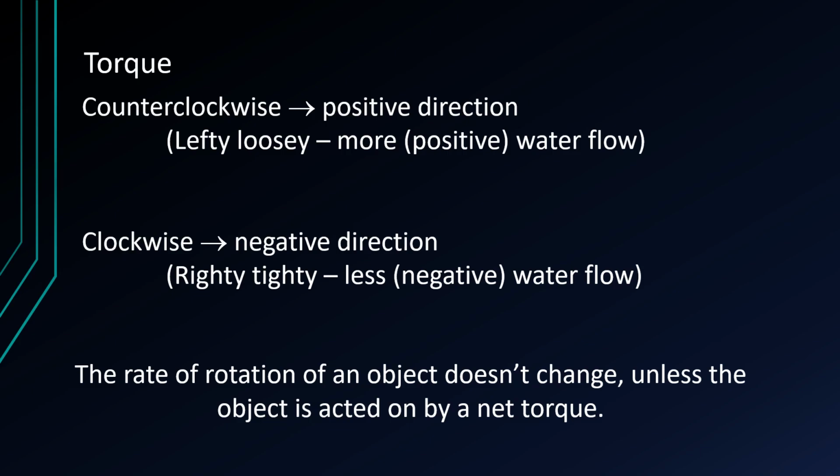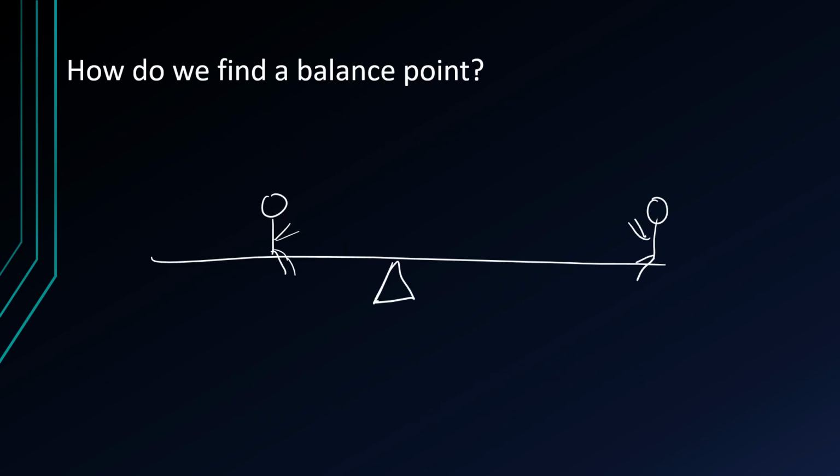And the rate of rotation of an object isn't going to change unless the object is acted on by a net torque. So how do we find the balance point, right? So something like a seesaw is a great example of when we would use tau is equal to r times force perpendicular, because this object has an obvious radius between the pivot point and the applied force.